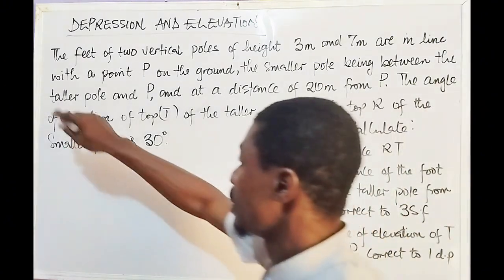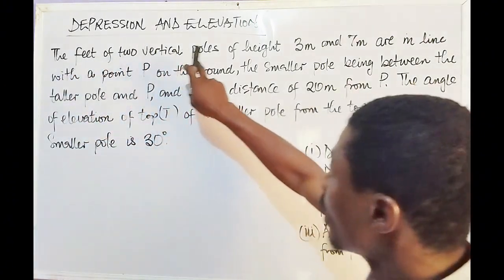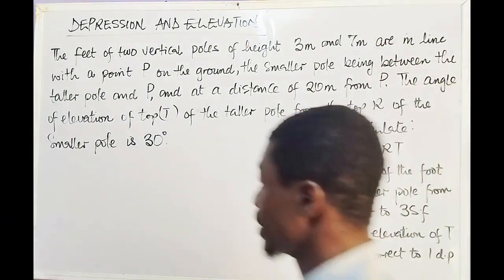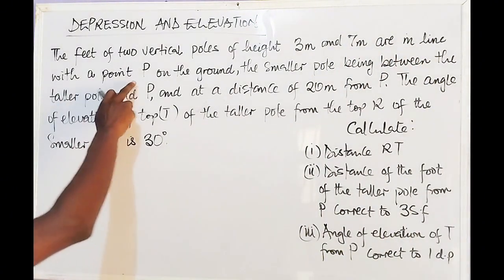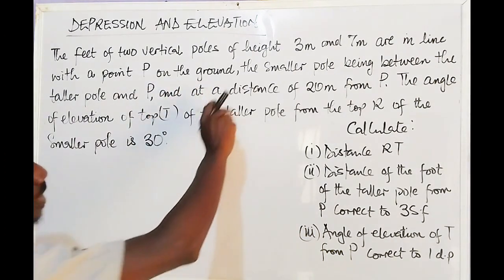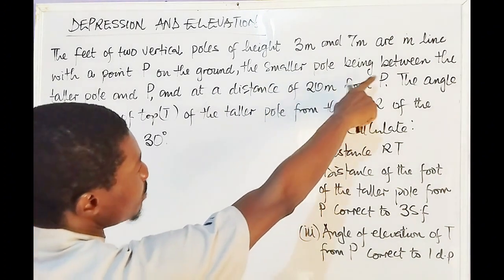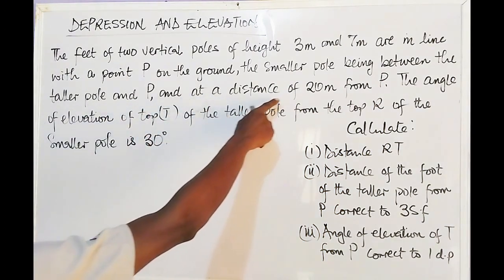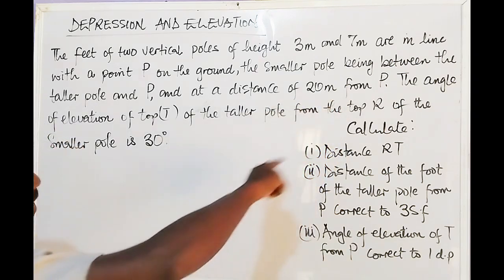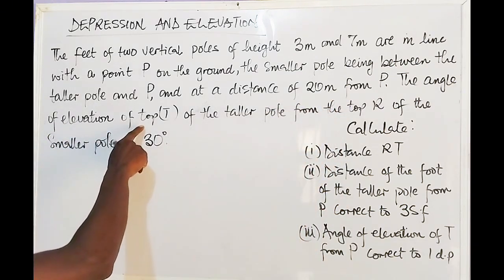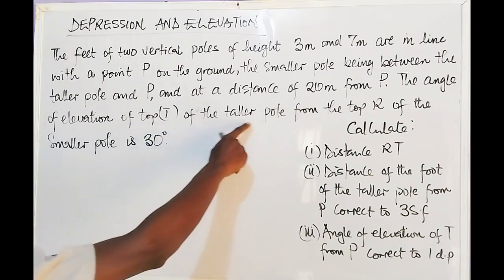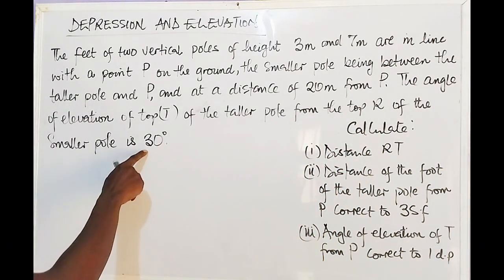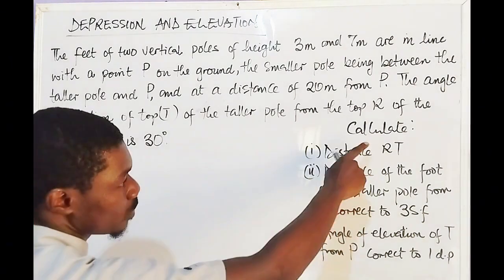The question reads that the foot of two vertical poles of height 3 meters and 7 meters are in line with a point P on the ground, the smaller pole being between the taller pole and P and at a distance of 20 meters from P. The angle of elevation of top T of the taller pole from the top R of the smaller pole is 30 degrees. And we are told to calculate 1.